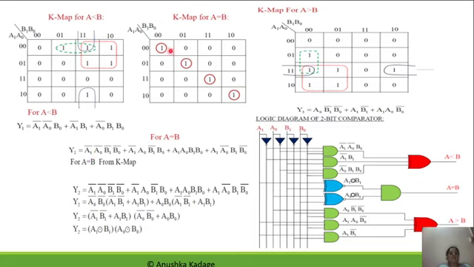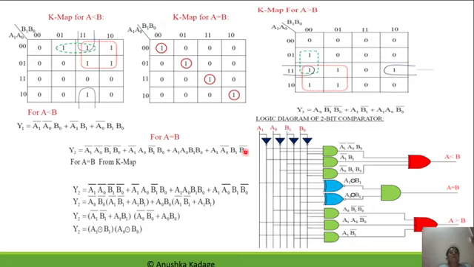So here the first term will be A1 bar, A0 bar, B1 bar, B0 bar, while the second term will be written like this, the third term like this, and the fourth min term like this.